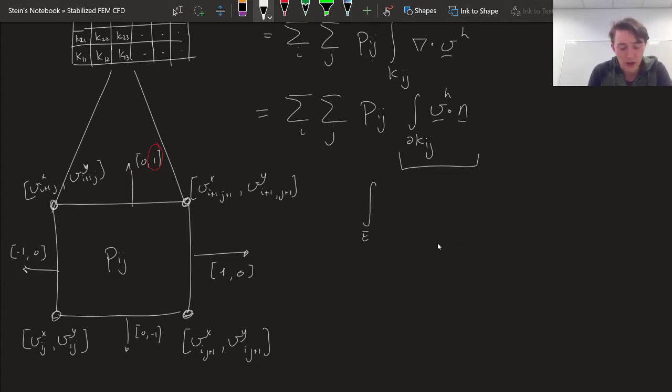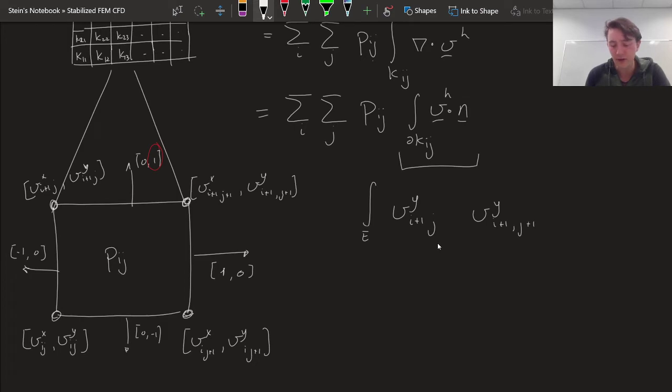Well, what's the y component of my velocity? That's going to be the integral of this linear distribution from vy of i plus 1 j, to vy of i plus 1 j plus 1. And it's going to be a linear interpolation of these two.